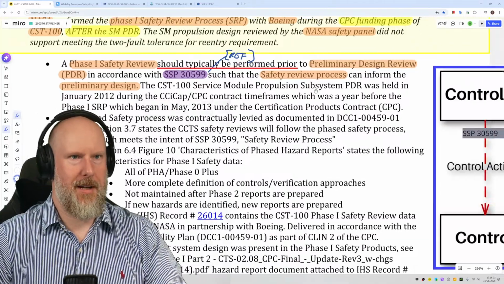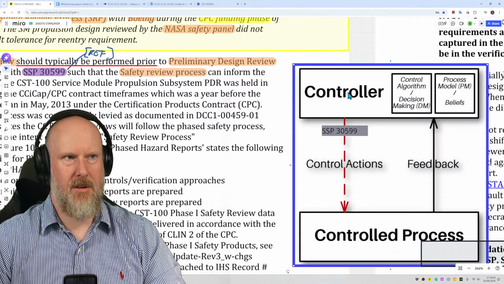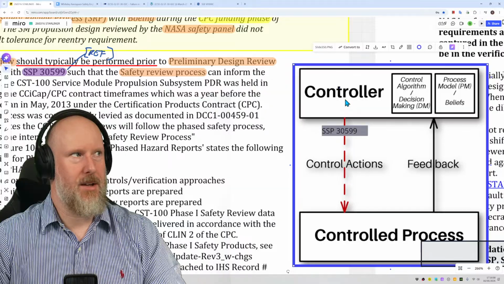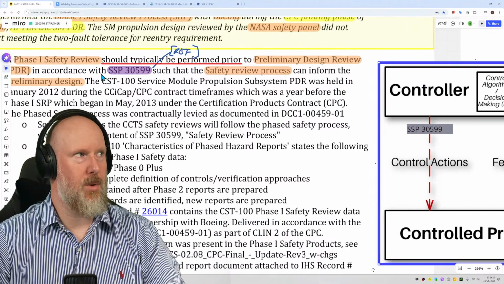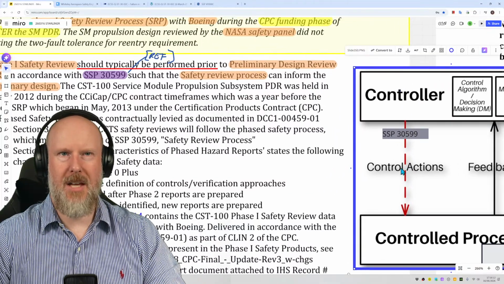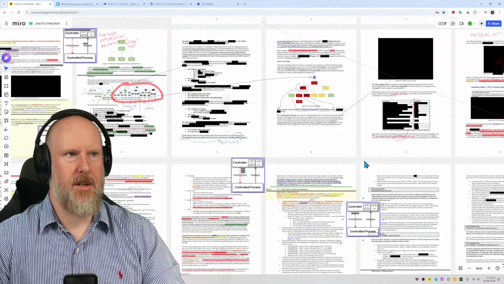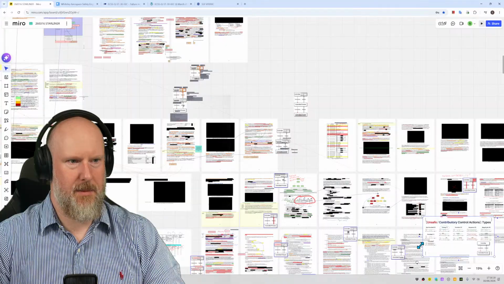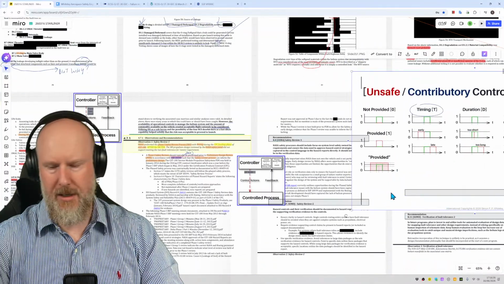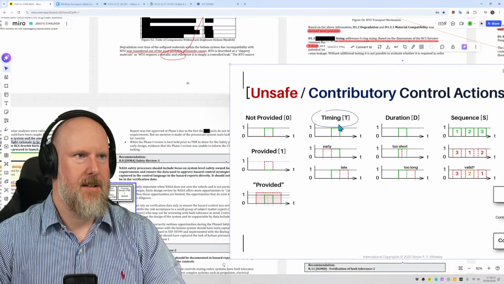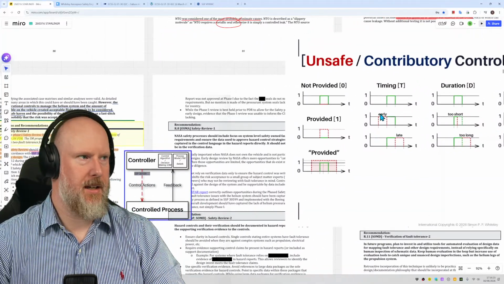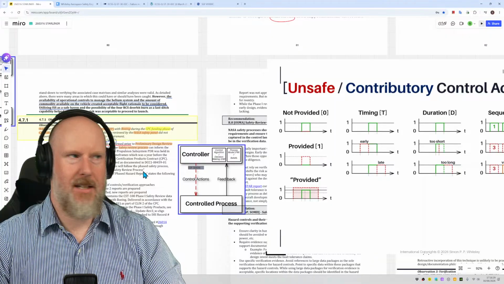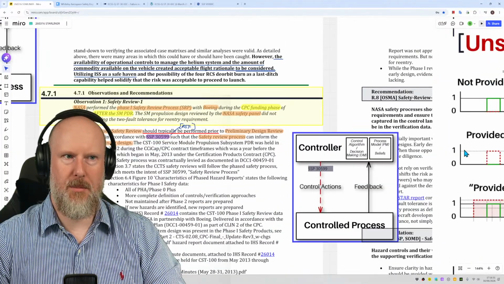So if we're thinking about, let's say this is program management, they need to do a design review, a PDR. They also should be doing a phase 1 safety review. So if they don't do the safety review, if we go back to our types of control actions, this document, this table here, this list here, if they do the safety review too late, then they can't potentially influence the preliminary design review.